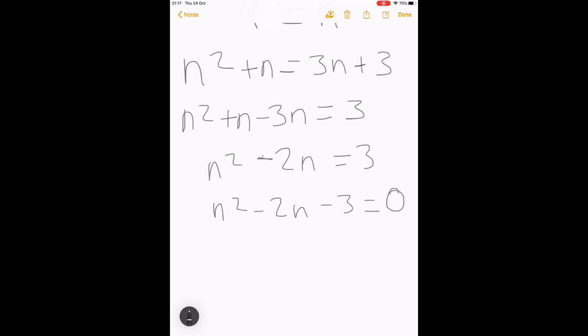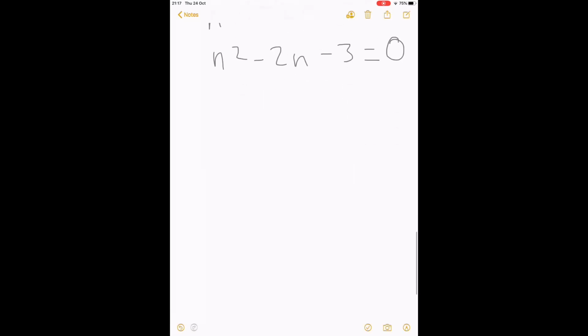So that's what we can use for our AC method. We do the same thing we did for our first one, where we find the factors that add to get minus 2 and multiply to get minus 3. The factors of minus 3 are just minus 3 and 1. Minus 3 times 1, and they add to get minus 2.